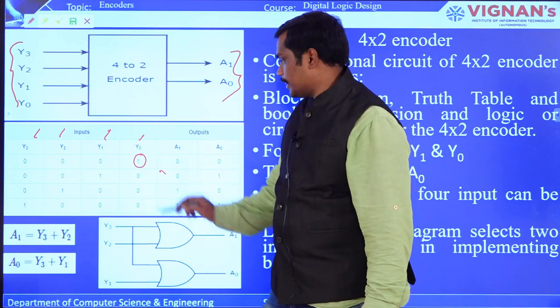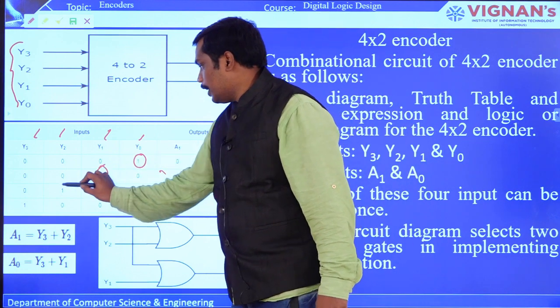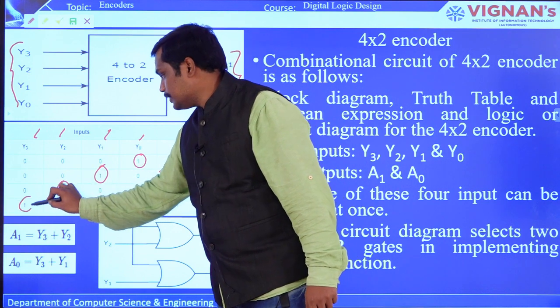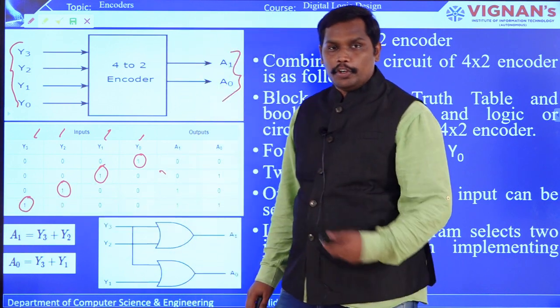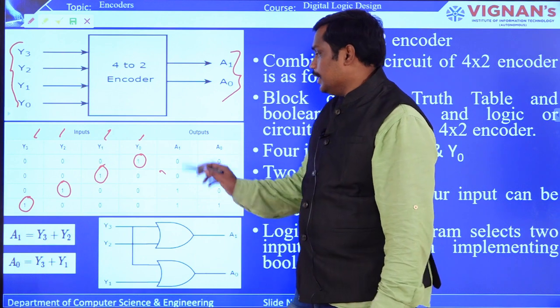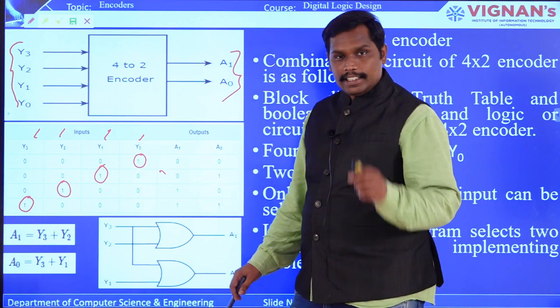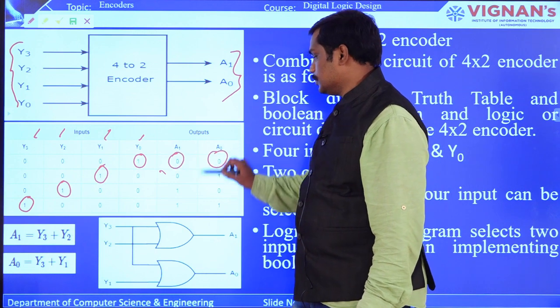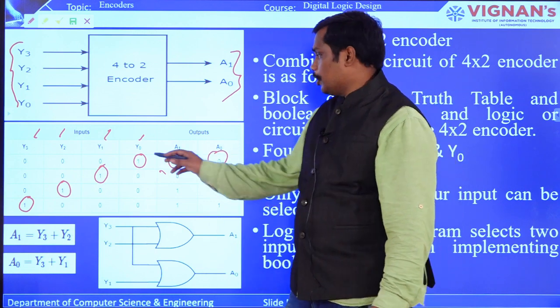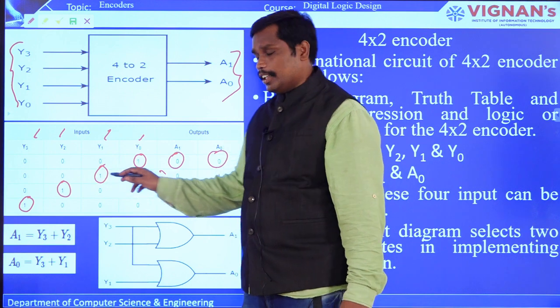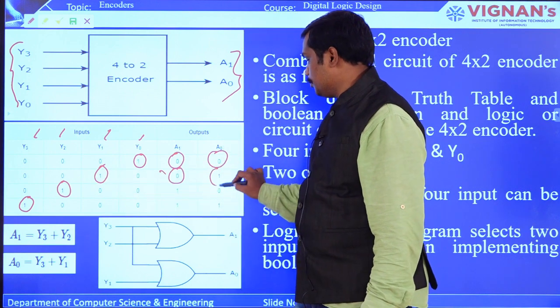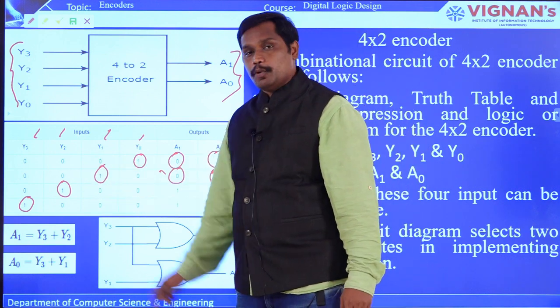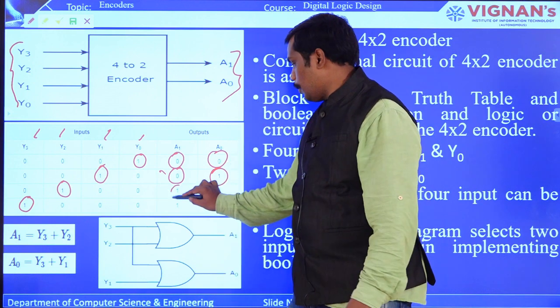Based on this you get a 2-bit output. For example, if Y0 is the input that you want to select, then you get the output 0 0. If you make Y1 the active input, then you get 0 1, and in the same way if you make Y2 active, you get 1 0.